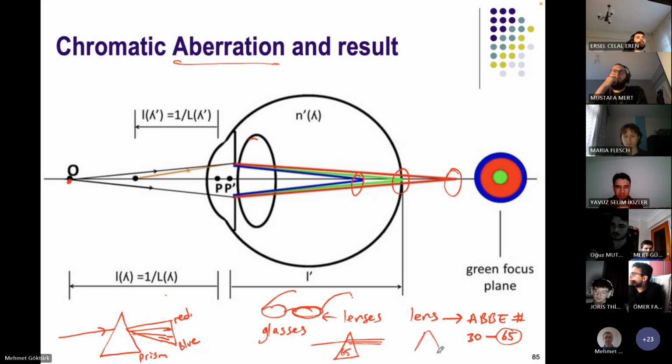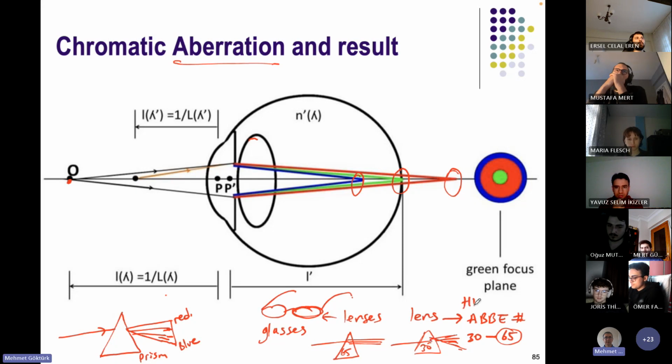But 30 makes a lot of dispersion. So focusing becomes more difficult. You will see some rainbow effect on the edges of the vision.